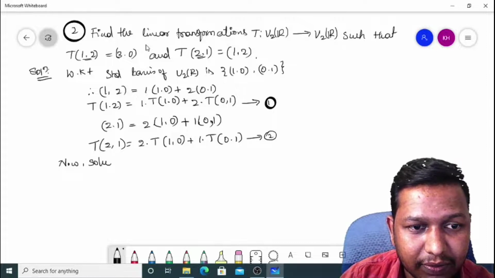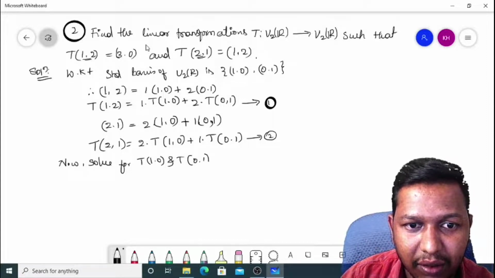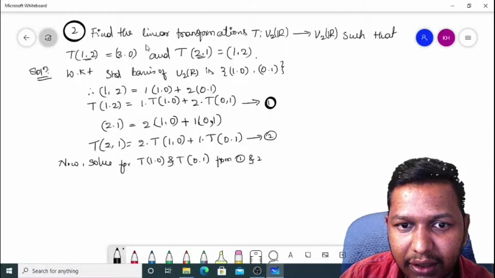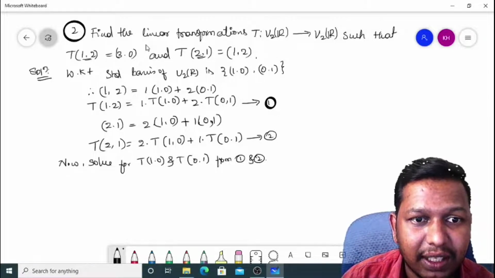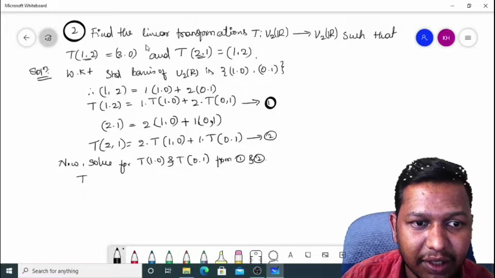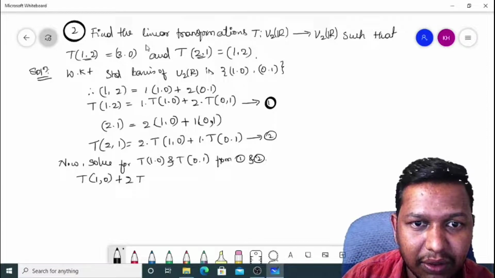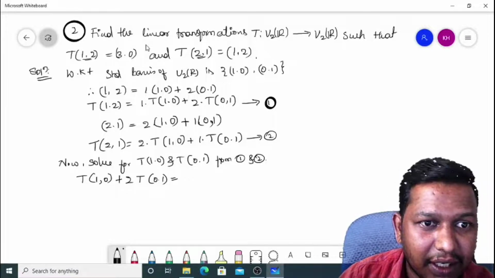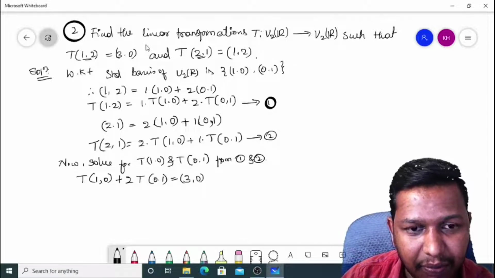Now solve for T of (1, 0) and T of (0, 1) from 1 and 2. So from equation 1, T of (1, 0) plus 2 into T of (0, 1) is equal to T of (1, 2), which is nothing but (3, 0).